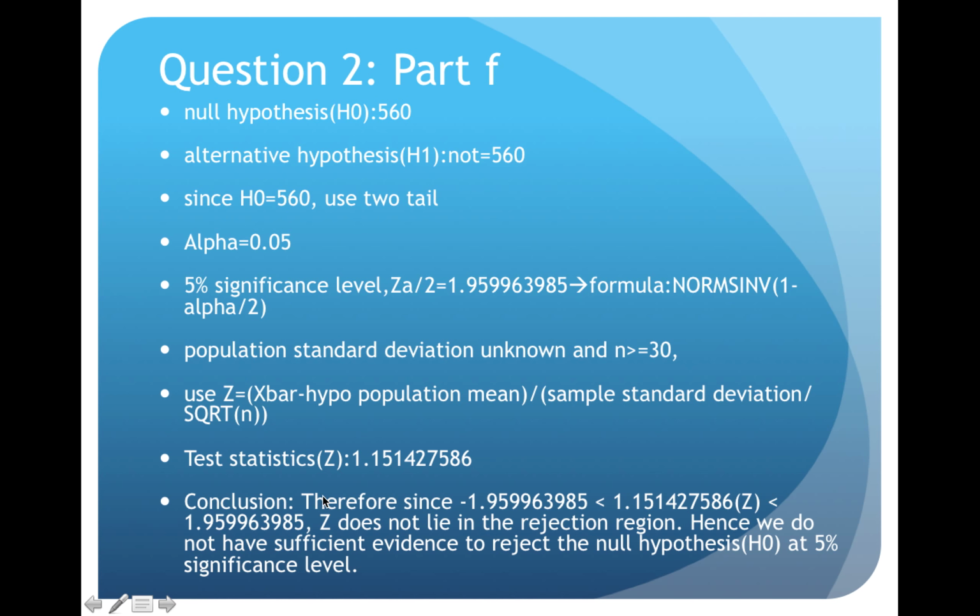So in conclusion, since our z is more than minus 1.959963985 and less than 1.959963985, z does not lie in the rejection region. Hence, we do not have sufficient evidence to reject the null hypothesis at 5% significance level.